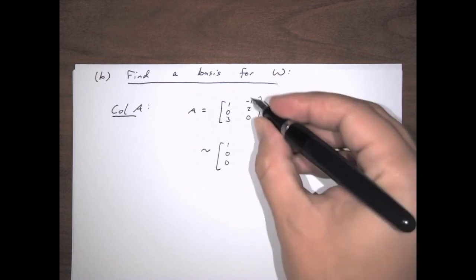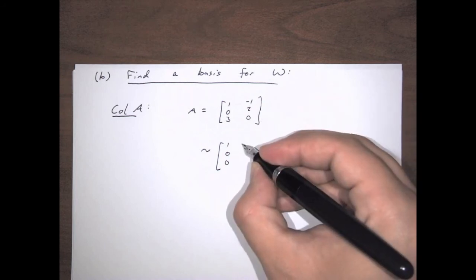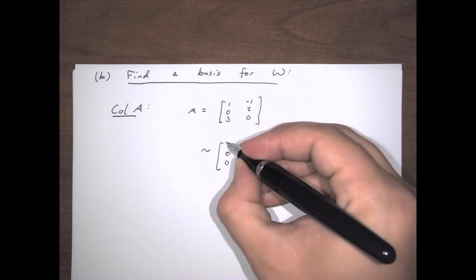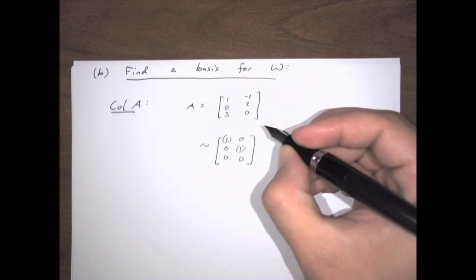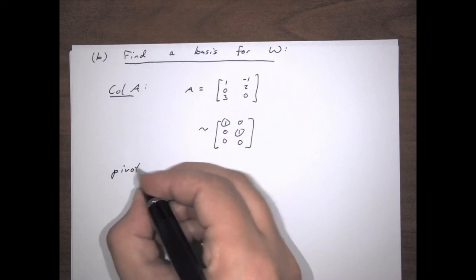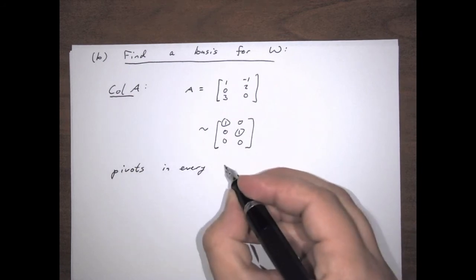So here, this is clearly going to clear out that, and then clearly it's not going to clear out that, or down there, so we're going to end up with pivots in every column.